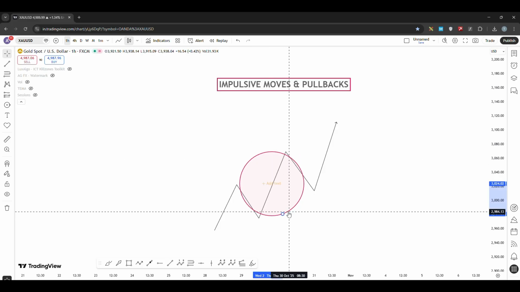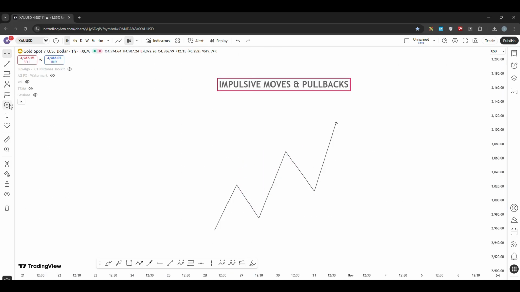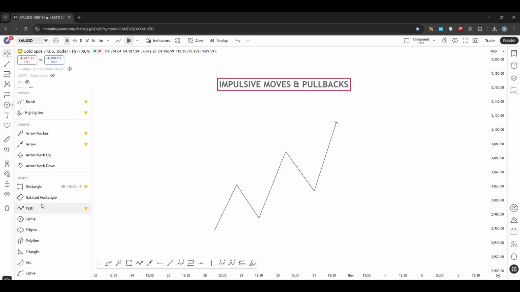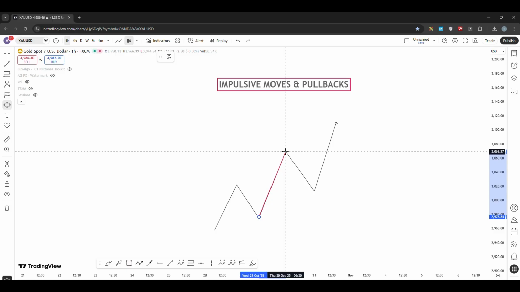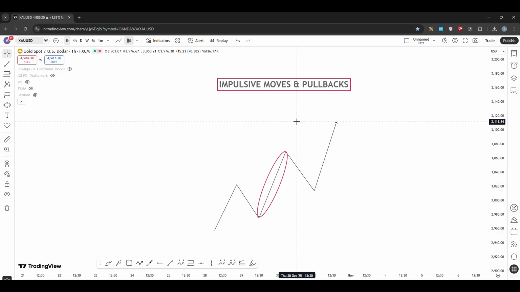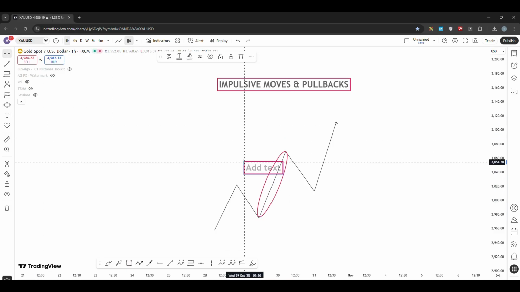This move to the upside is called an impulsive move. Let me replace this one with an ellipse, that will be better. So this move to the upside is called an impulsive move.